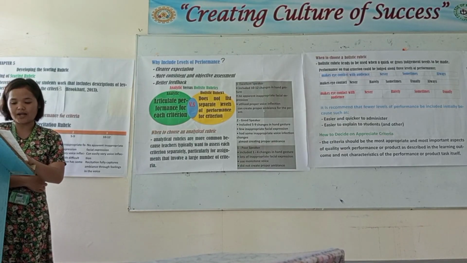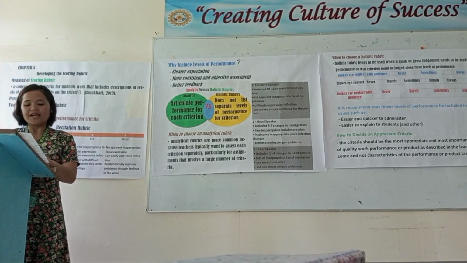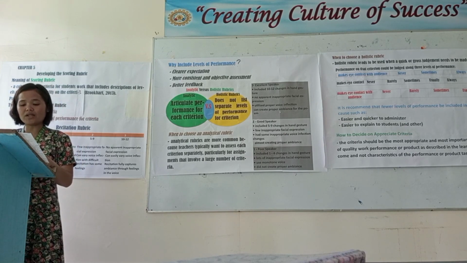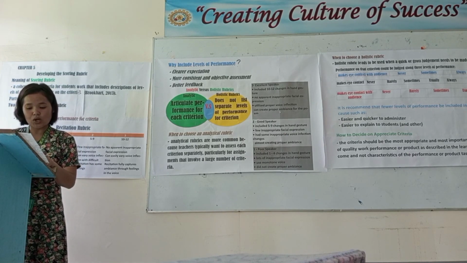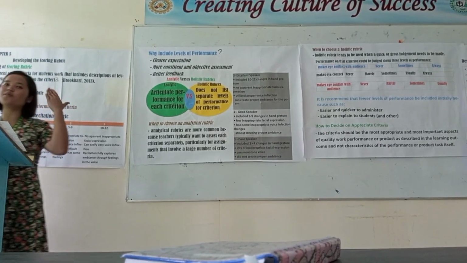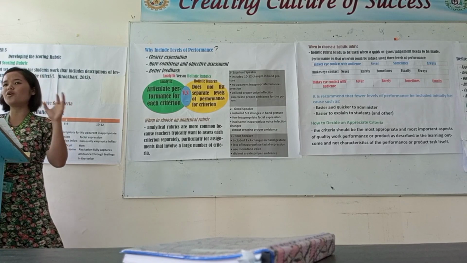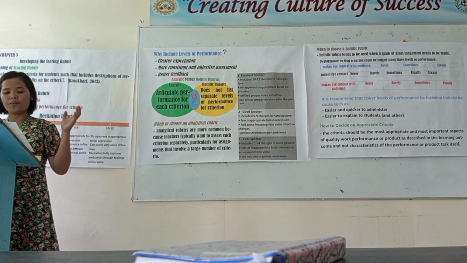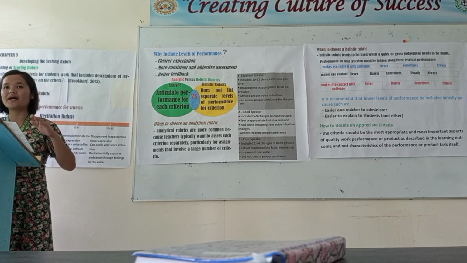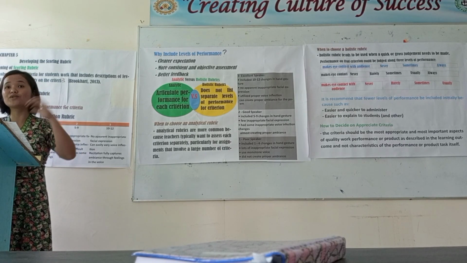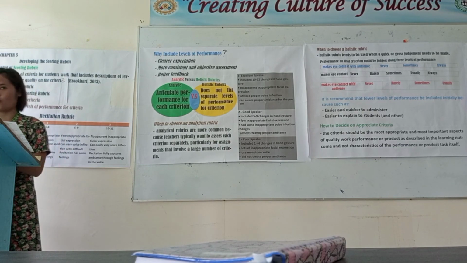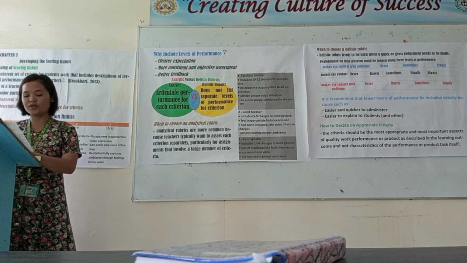How to decide on appropriate criteria. So, in developing or selecting a rubric, the first question we ask is, what are the criteria for a good performance or product that the rubric ought to assess? So yung malalaki sa isip mo is, ano ba dapat na criteria ang gagamitin mo para masuri mo yung isang activity, yung isang magandang performance o product na ginawa ng iyong estudyante.